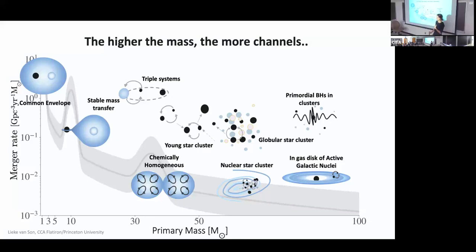This is a biased opinion, but yes, you're taking exactly the right thing away, because these dynamical formation channels all predict peaks at higher masses. None of them really predict a peak at 9 solar masses, which is where we know that the majority of the binary black hole mergers come from. So I think it was logical at first to ask what mixing fraction we have. But if you just look at the masses and the other properties now, I would say it's obvious that, if the AGN channel or even chemically homogeneous evolving stars would dominate, then why would we have a peak at 9 solar masses?